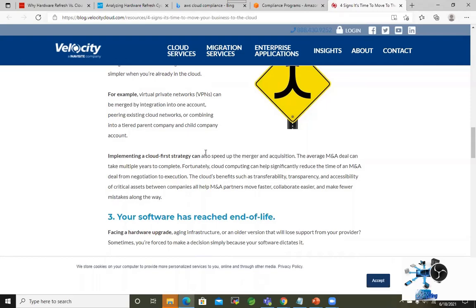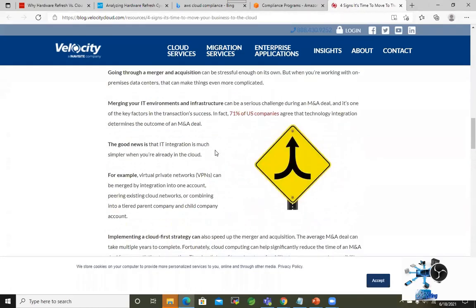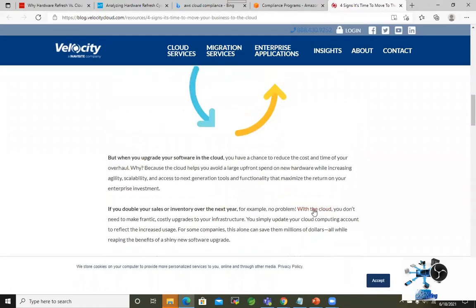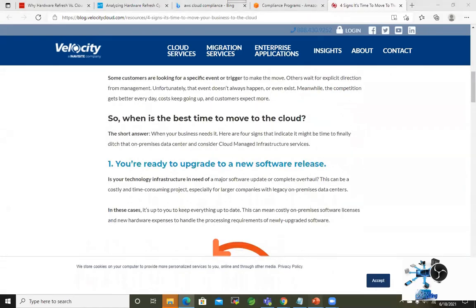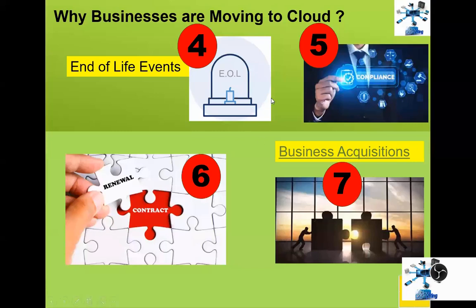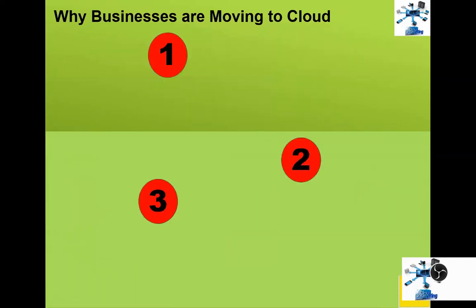Just go to these references, you can get an idea. For the time being, we will come back to these things with case studies later, with more details. It's just another condition and another situation where you can select to move to cloud. So we have 7 situations and 7 conditions.